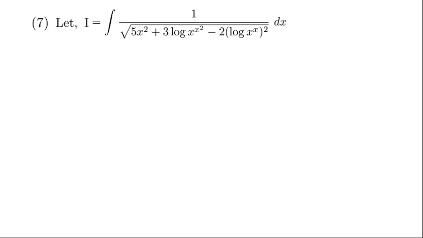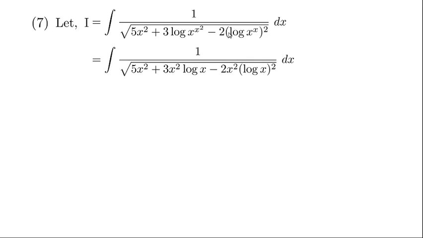And here what we do is this: log m raised to n. So x square is n, so it comes by the side here. And this x comes by the side, and because of the whole square it becomes x square. So it becomes integration of 1 upon root of 5x square plus 3x square log x minus 2x square log x the whole square dx.